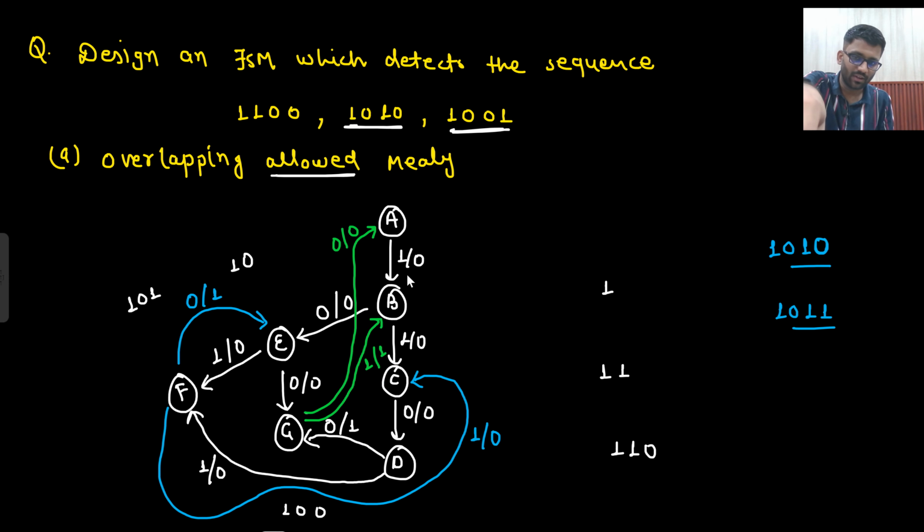Then you can start from here: 1100, 1100. What could be the other sequence? You start from here, 1 0 1 and then 0. So the next sequence is 1 0 1 0. What about the next one?